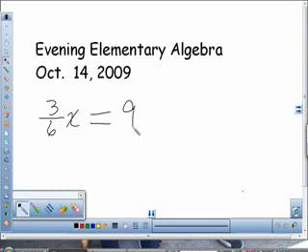Solving this equation for x, we're going to go through the same questions we've been going through. Do we have any parentheses? No. Looking to the left of the equal, do you have any like terms? No. Okay, and it's fine to shake your head. That tells me if you know it or don't know it.